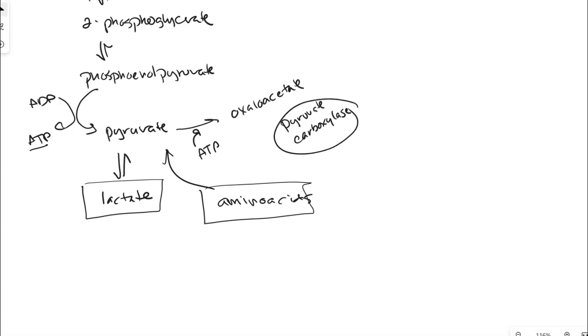And from oxaloacetate, we're going to go to phosphoenolpyruvate. This is going to require GTP as an investment versus ATP, and it's going to be facilitated by phosphoenolpyruvate carboxykinase.